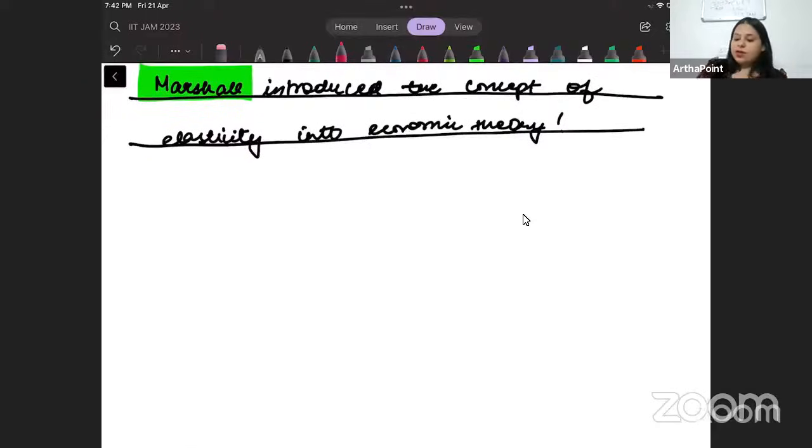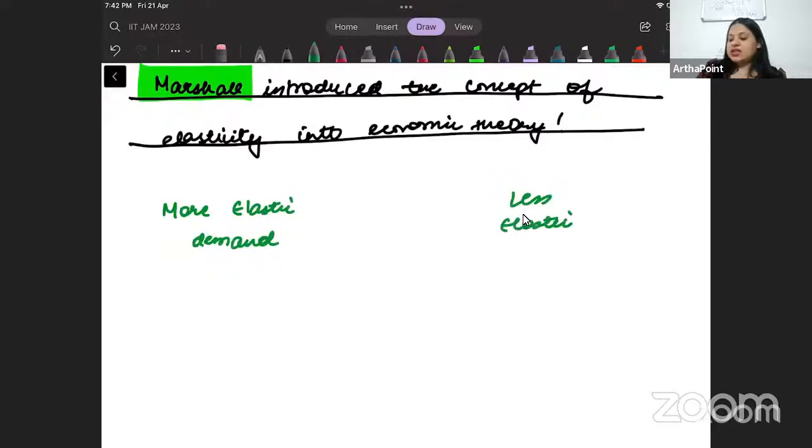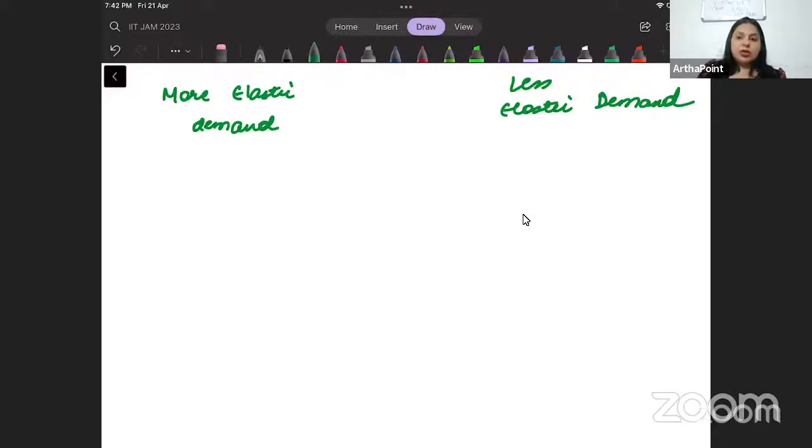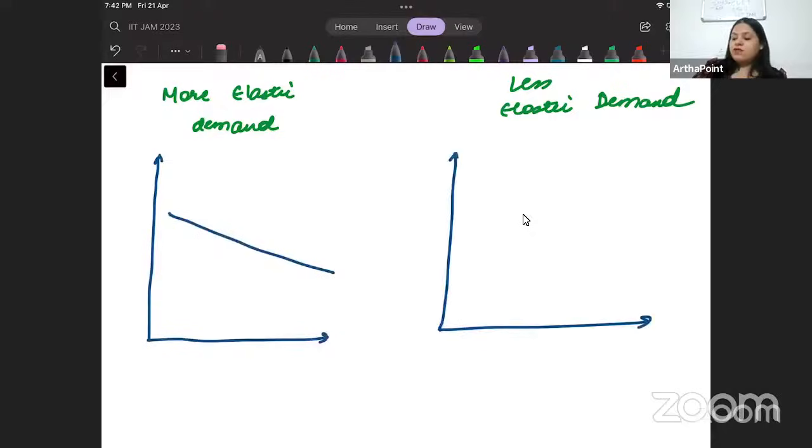Now, if I have to compare two demand curves, one is a more elastic demand curve and one is a less elastic demand curve. एक ज्यादा elastic demand curve है, एक कम elastic demand curve है, और क्वेश्चन है कि कौन से डिमांड कर्व का स्लोप कैसा होगा, which demand curve will be flatter, which demand curve will be steeper, ये क्वेश्चन है बेटा हमारा. तो जो मोर इलास्टिक डिमांड कर्व होगा वो फ्लैट होगा, जो लेस इलास्टिक डिमांड कर्व होगा वो स्टीप होगा.